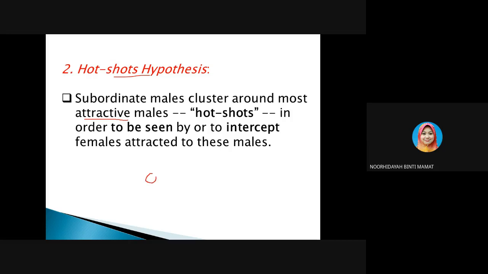When there is an attractive male, the subordinate males gather around him, and we call him the hotshot. They do this in order to intercept the females that are attracted to these hotshot individuals, the attractive male. So this is the second hypothesis, the hotshot hypothesis.